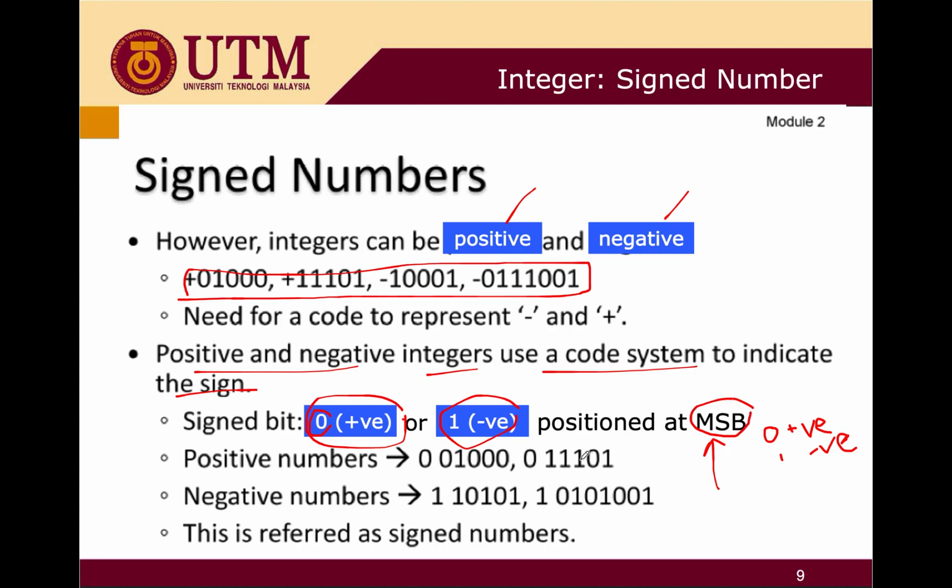Let's say over here you have this number and you put this 0 in front to assign it as a positive number, and this one is a negative number because in front of it there is a 1.